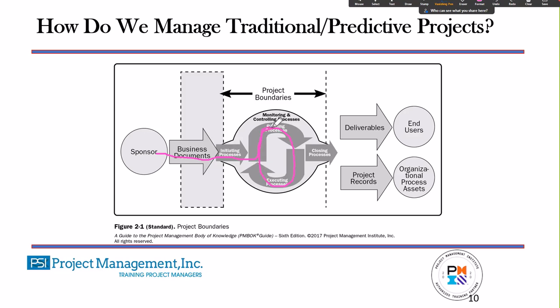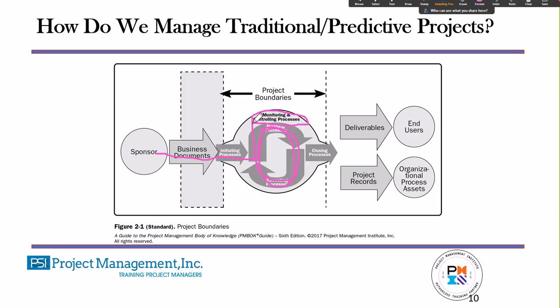We'll plan. We'll execute. As we are planning and executing, we will monitor and control that project, comparing the actual results to the planned results, to make sure we're staying on track with the plan.